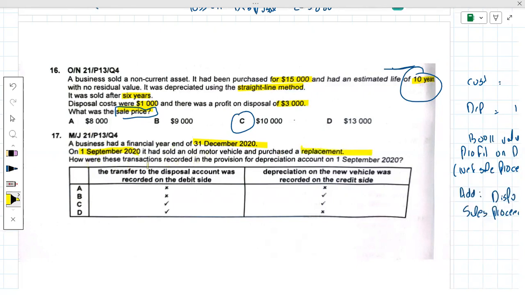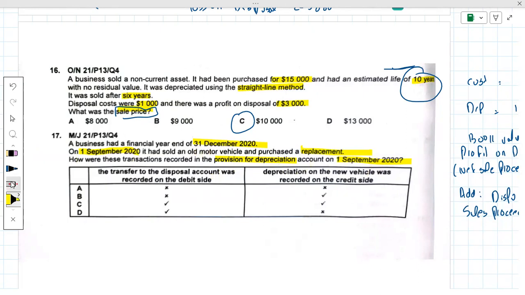So how were these transactions recorded in the provision for depreciation account on 1st September 2020? So our year is ending on 31st December 2020, and we have to identify how we can record this transaction in the provision for depreciation account on 1st September 2020.